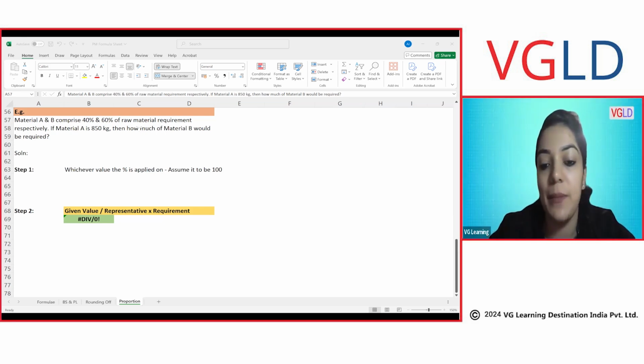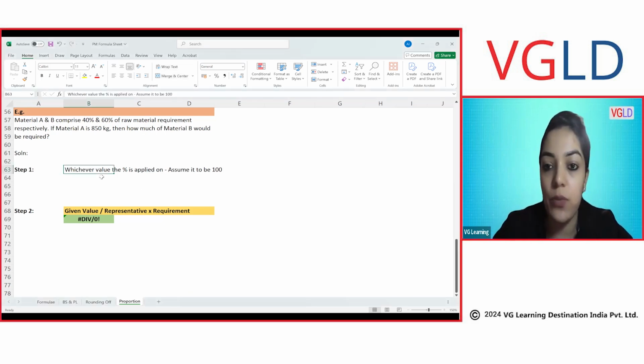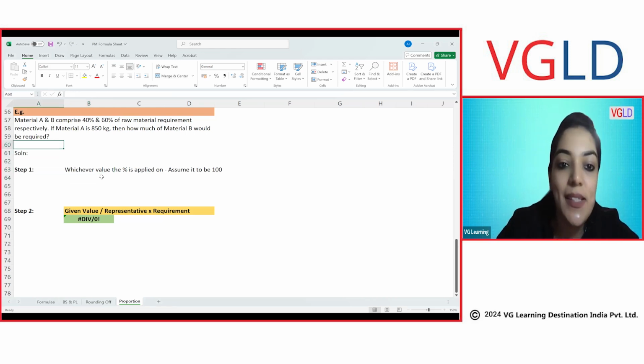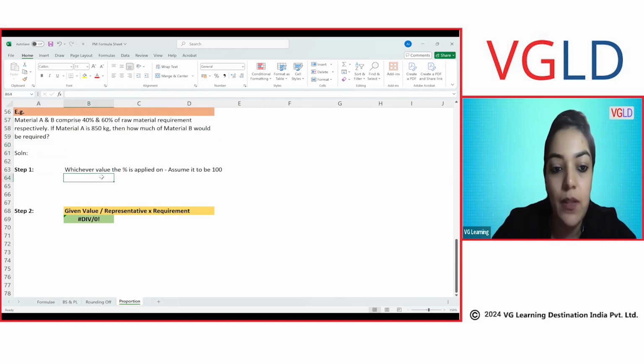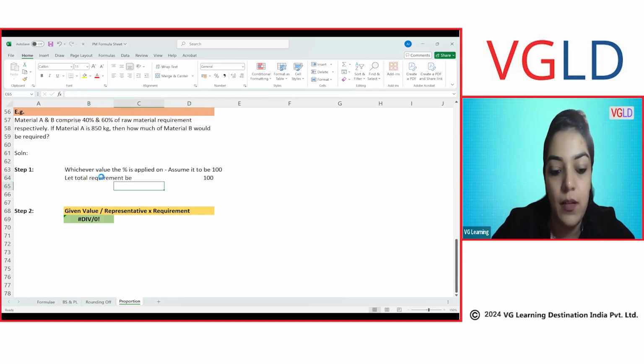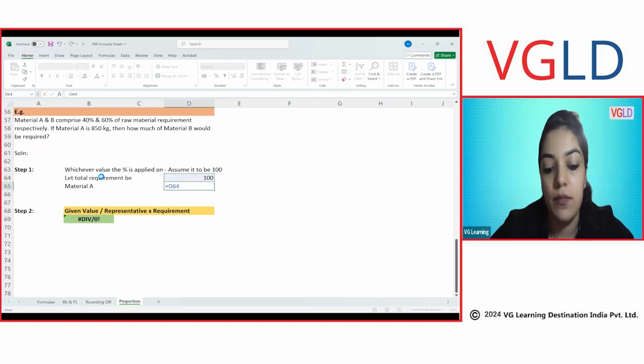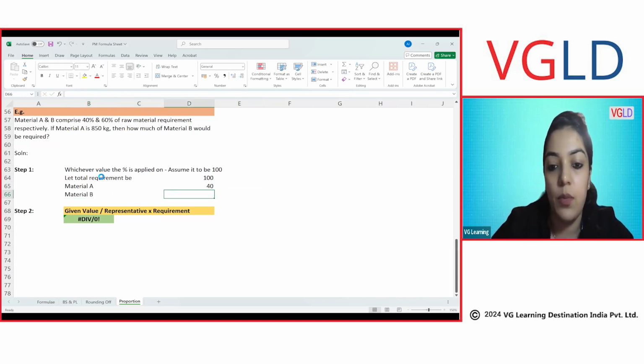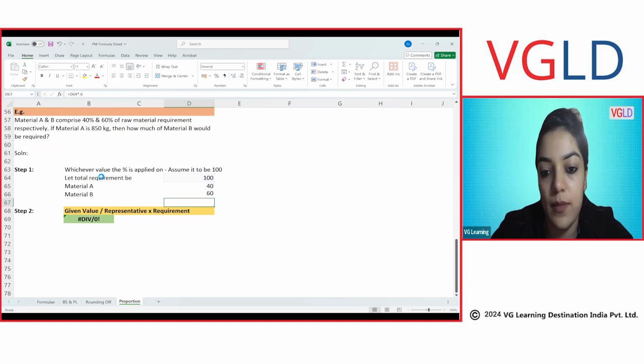So very good. All of you are telling me 1275. So what are the two steps? Whichever value the percentage is applied on, assume it to be 100. So here 40% and 60% will be of the total requirement. So let the total requirement be 100. Then material A would be 40% of this, and material B would be 60% of this.